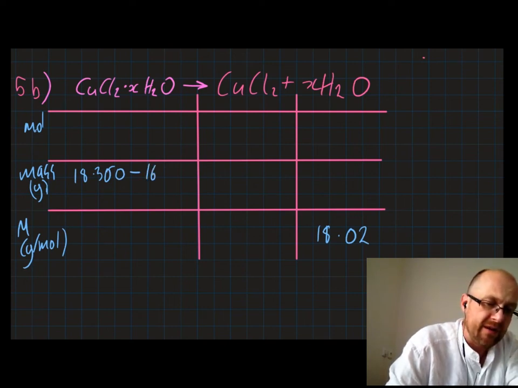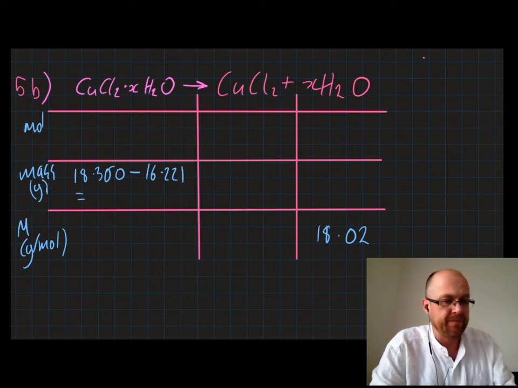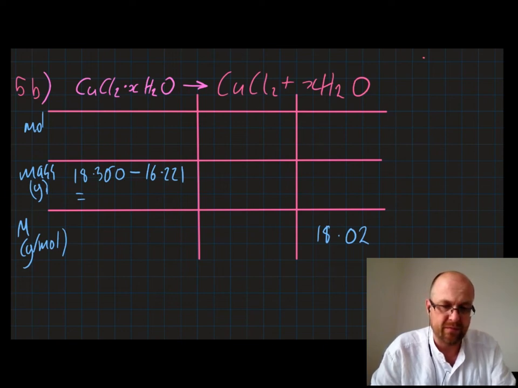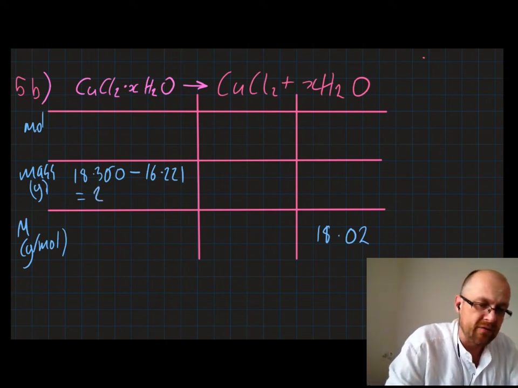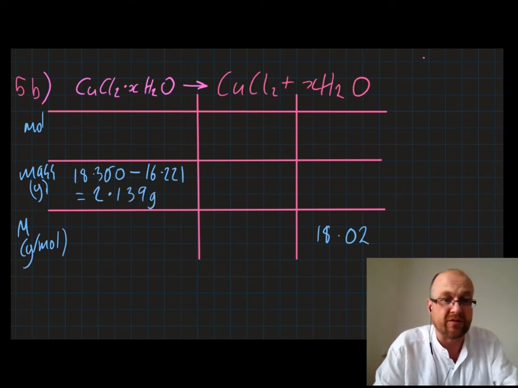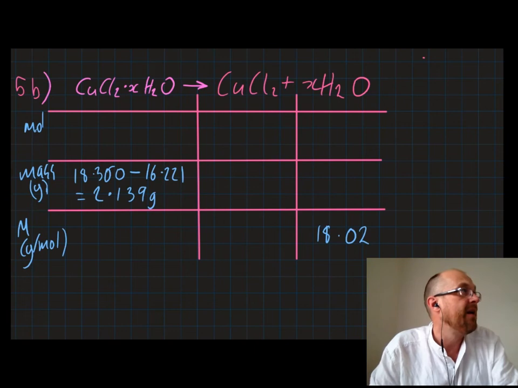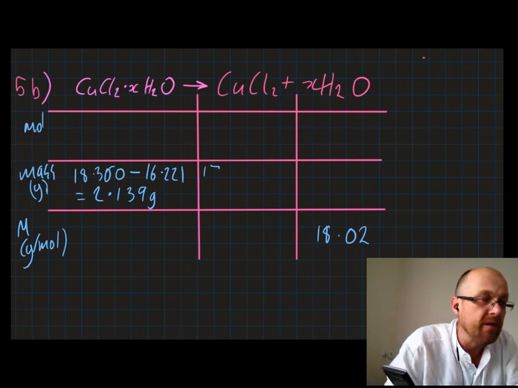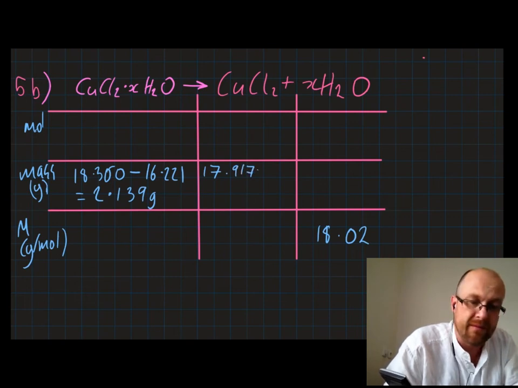So that's 16.211 for the crucible. So that gives me 2.139 grams of the hydrated copper chloride. And how much of the dehydrated? They've driven the water off. Well, that's 17.917 minus 16.221.